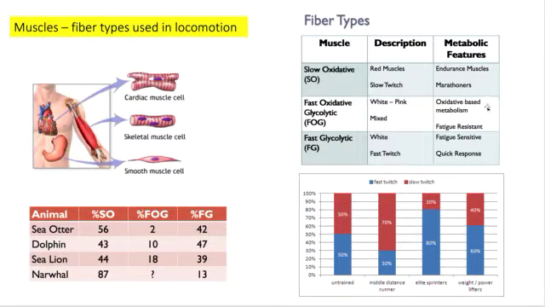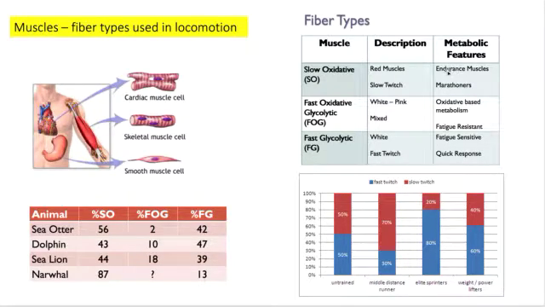This middle one is kind of a bit of both, right? So this is skeletal muscle, and sometimes we talk about slow oxidative as red muscle or slow twitch muscle, and it's usually associated with endurance.